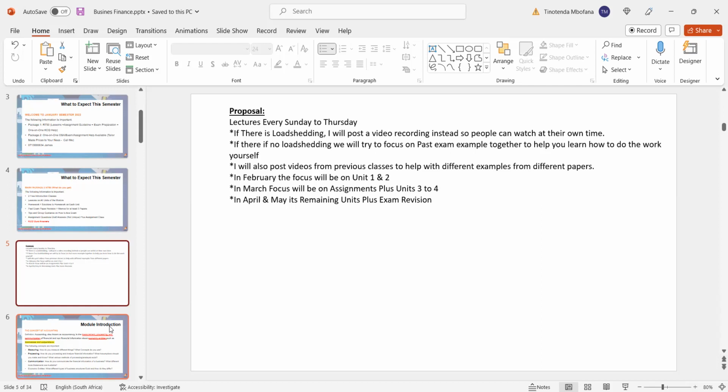The timetable is likely going to be Sunday, business finance, Monday, economics, Tuesday, management principles, and then on Thursday, marketing. Right. So that's most likely what the timetable is going to look like at the end of the day. But we will start following the timetable directly in March once the students have paid.